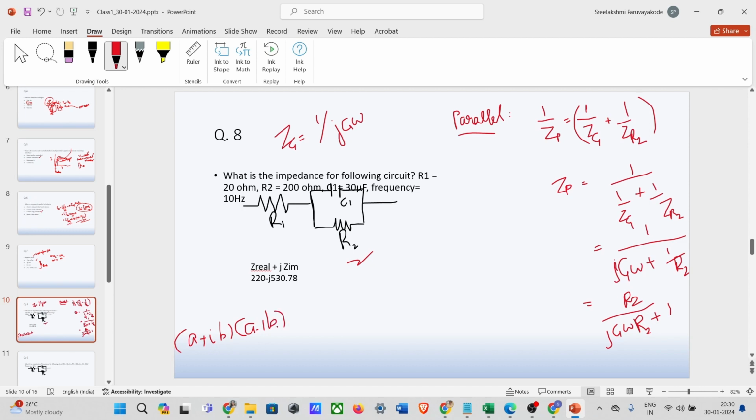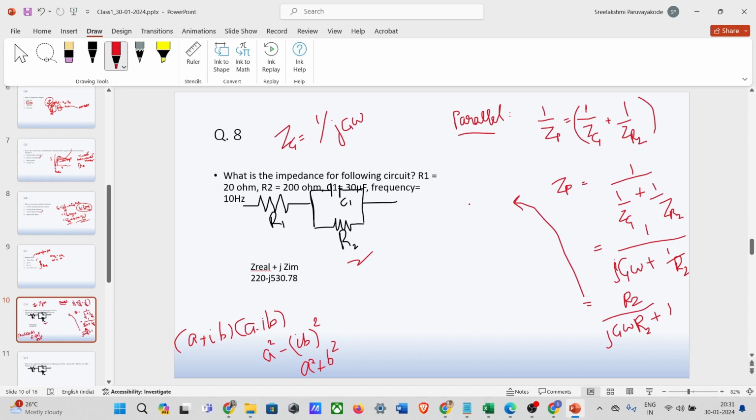I'll get A square minus I into B the whole square. We know that I square is equal to minus 1, so this will be A square plus B square. This is how I am applying the same complementary formula.